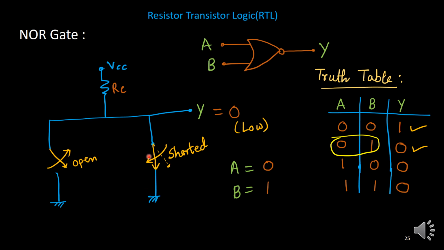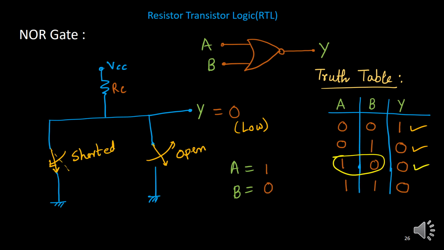If any one of these two is shorted, the output will become 0. So 0, 1 makes the output 0. Similarly, if it is 1, 0, this time this is shorted and this is open, but because of this path, it is connected to ground, and the output is again 0.